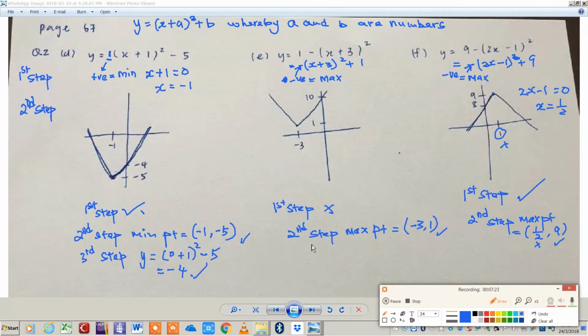Now, next one would be on the third step here. y equal to, same again, put x equal to 0. Okay, let's write down: minus (0 plus 3) squared plus 1. This becomes minus 9 plus 1. This gives you minus 8.